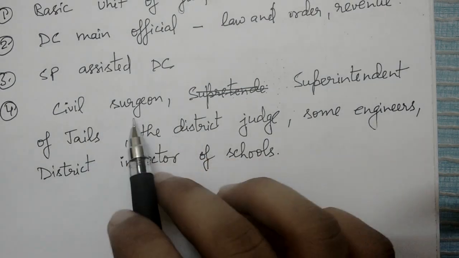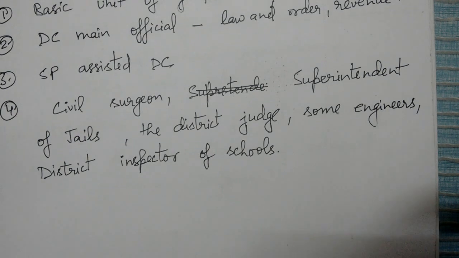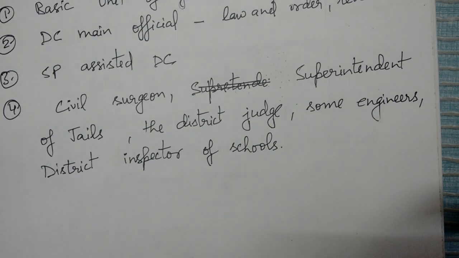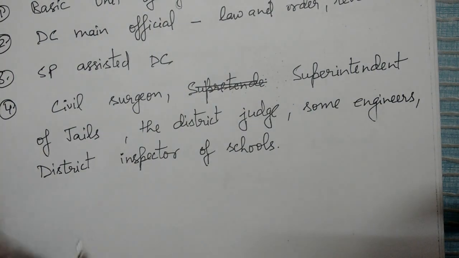Then civil surgeon, right now it is called CMO, chief medical officer of the district. Then district judge, you know that he is totally independent and he is part of judiciary. Then some engineers, PWD engineers आज भी present हैं. Then district inspector of schools, जिसको DIO बोलते हैं. So these are the officials that were present during British time, and they are present right now also.